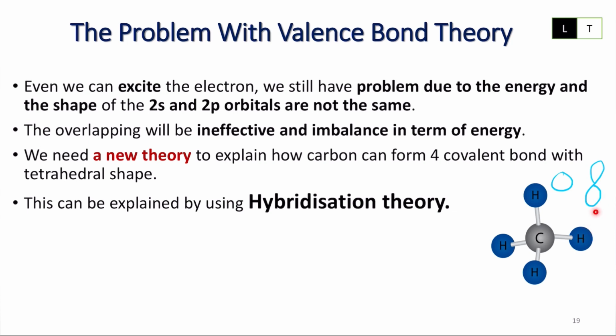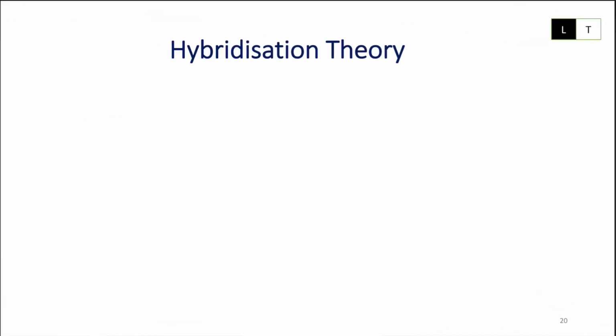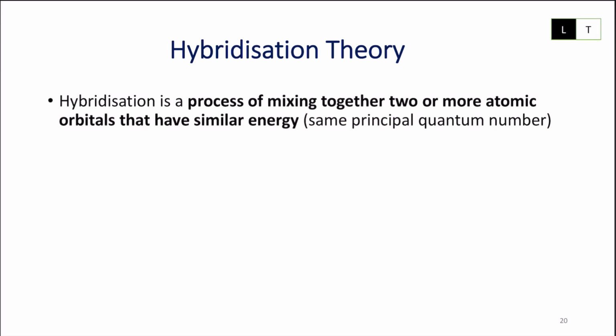So that is why we need a new theory to explain how carbon atoms can form 4 covalent bonds with tetrahedral shape. Dan teori yang baru ni kita akan belajar tentang hybridization theory. This one. So what is hybridization theory? Hybridization theory is a process of mixing together 2 or more atomic orbitals that have the same energy.